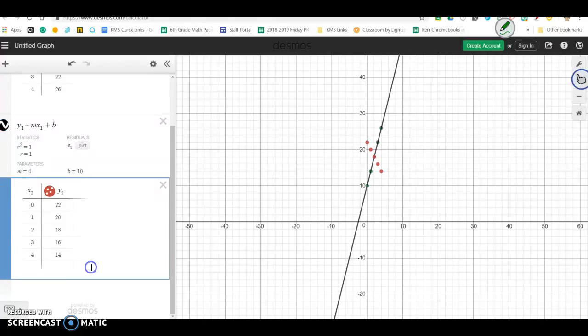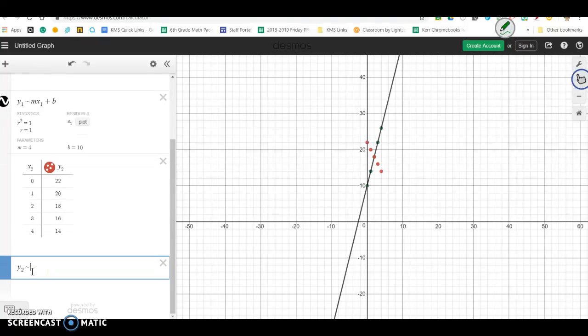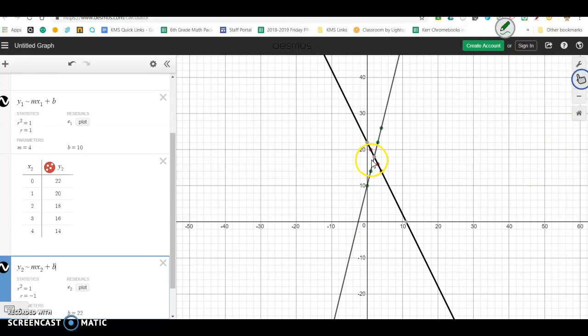And for this one, if you notice, it says x2 and y2. I'm going to put y2 squiggle mx2 plus b, and it goes through there. And again, I can see that my point of intersection is 2, 18. So we've got a couple of different ways that we could do that.